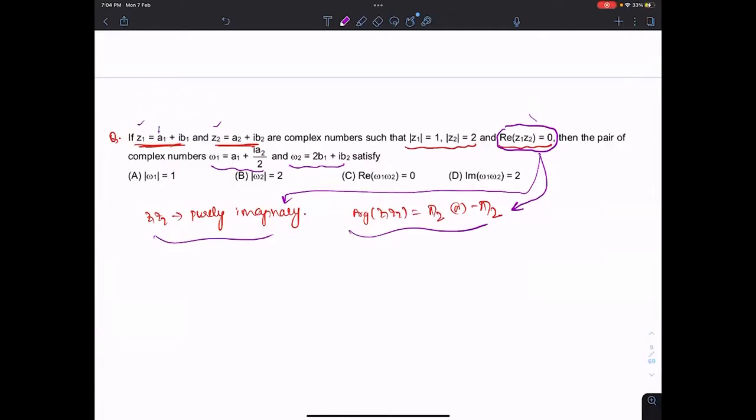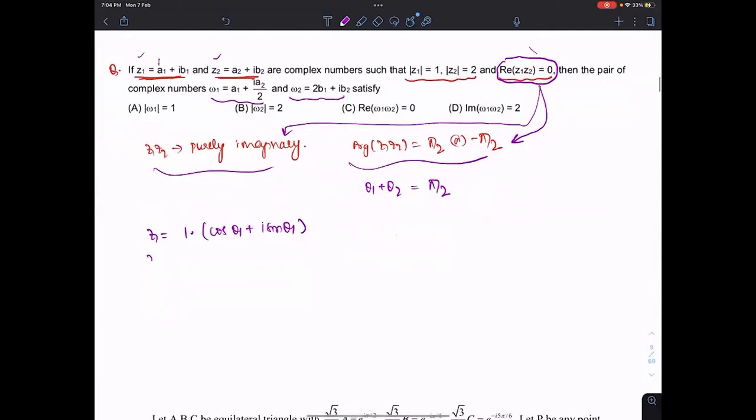So argument of Z1, Z2 is nothing but theta 1 plus theta 2. So let us take pi by 2. It can be minus pi by 2 also. One of them you have to take. Let's take pi by 2. Then what will be Z1? Modulus is 1 times cos theta 1 plus I sin theta 1. That is Z1.